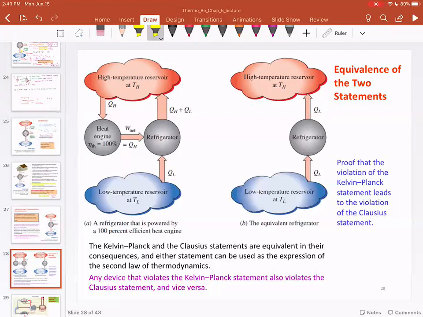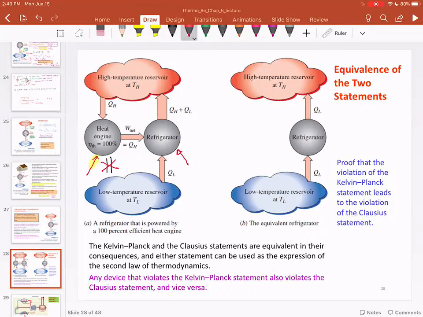So look at this, you have a heat engine, and you have a refrigerator. And I'm going to violate the Kelvin-Planck statement. Violation of the Kelvin-Planck statement is nothing but removal of this link.